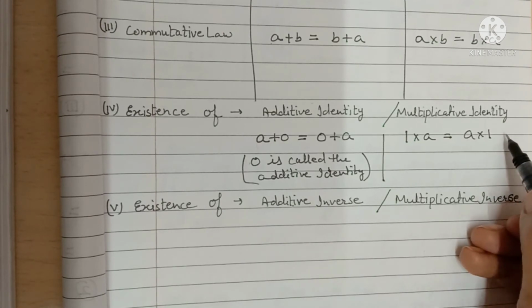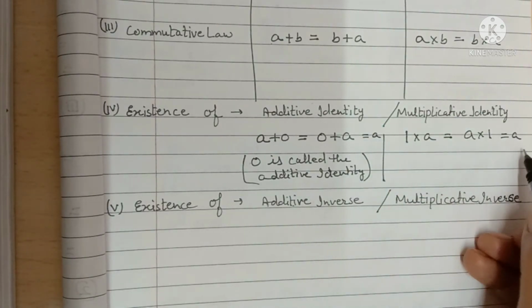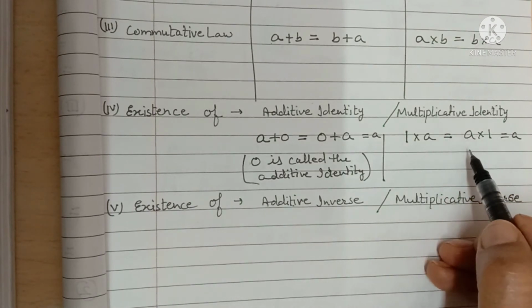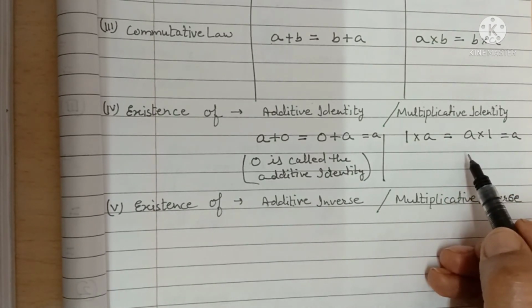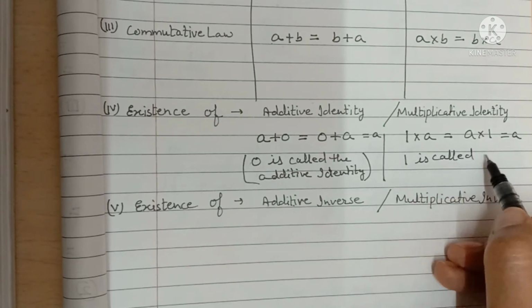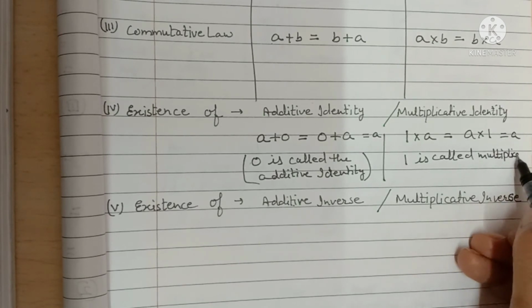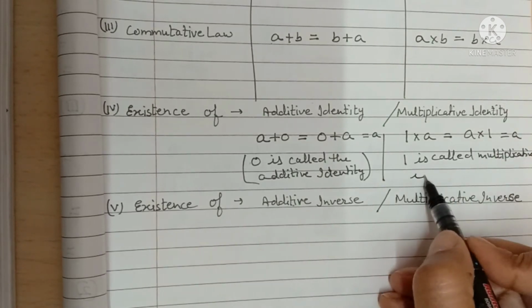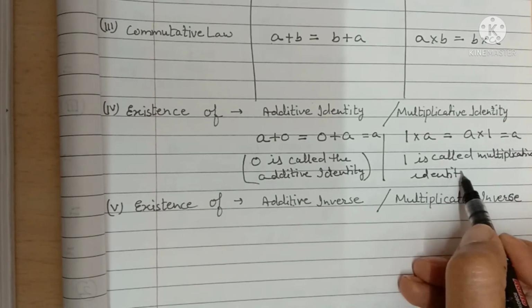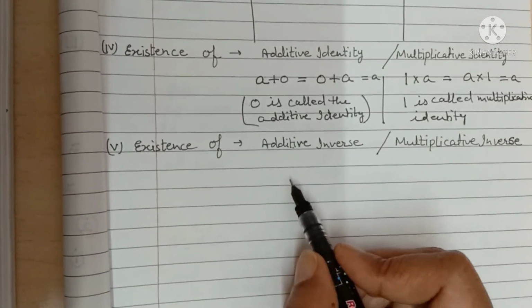We will get A in both cases. So 1 is called the multiplicative identity. Next is existence of additive inverse.